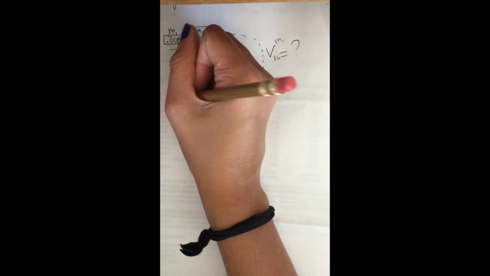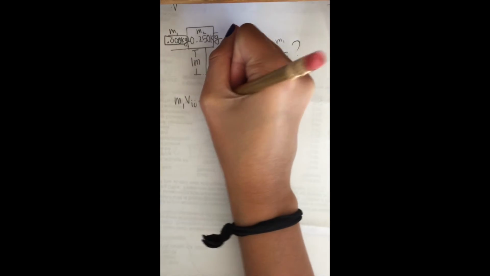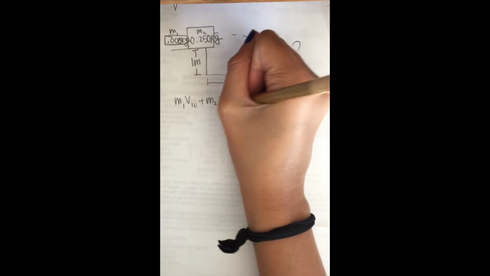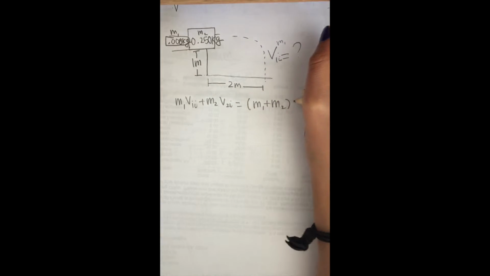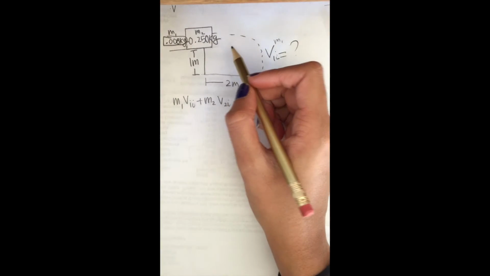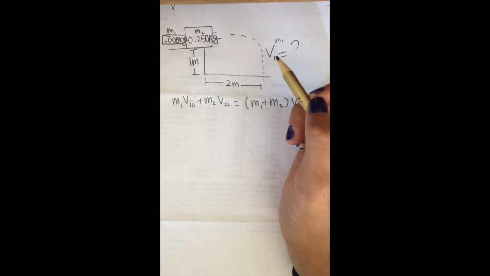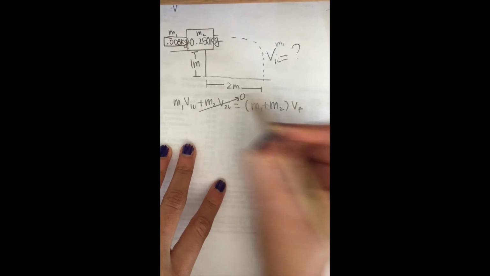To do that, we have the equation: mass 1 times velocity 1 initial plus mass 2 times velocity 2 initial equals mass 1 plus mass 2 times velocity final. We know that mass 2's initial velocity is 0 because we were given that it was at rest, so this is going to be 0.